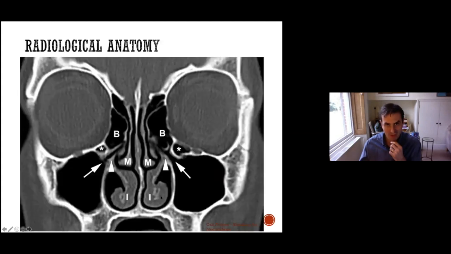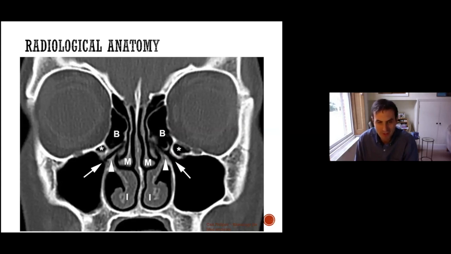So in order to think about how we apply our radiological anatomy to our endoscopic anatomy, we need to obviously look at our CT scans. So these are our predominant focus when we're undertaking sinus surgery. So here's a coronal section of the sinuses, and there's a few things labeled on here.